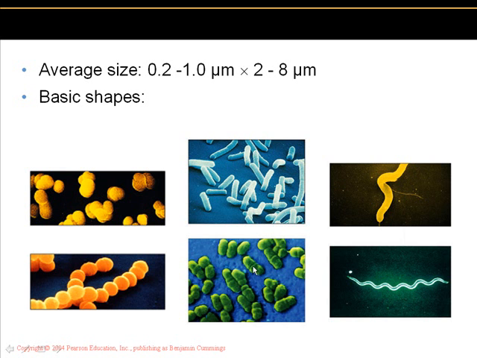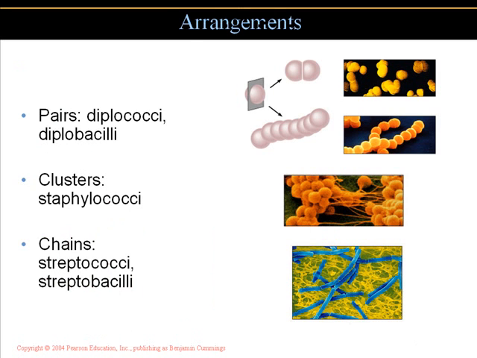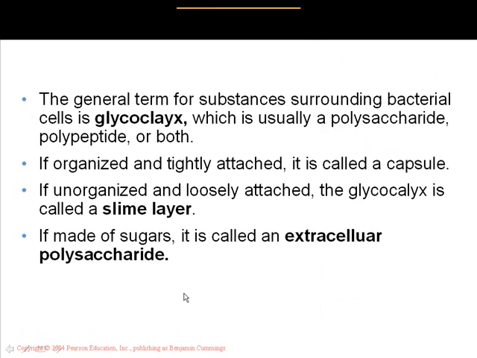Unusual shapes include star-shaped Stella and square Haloarcula. Most bacteria are monomorphic. Few are pleomorphic. Again, these pictures are taken from your textbook. And again, the arrangements as I previously described: diplococci and diplobacilli, clusters, staphylococci, chains, streptococci or streptobacilli.